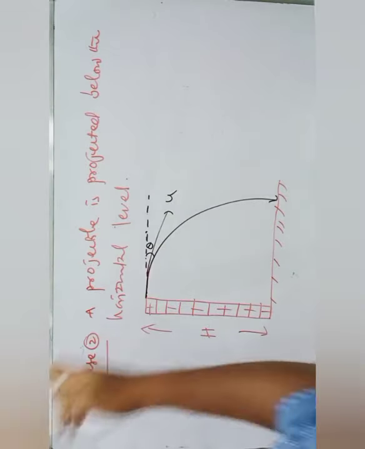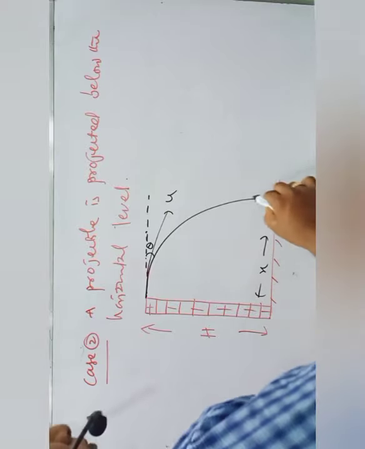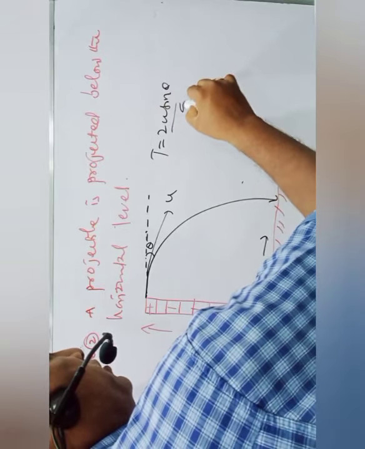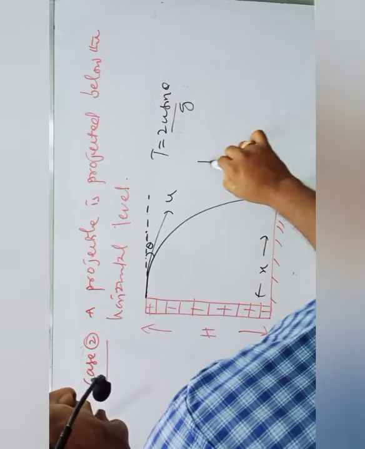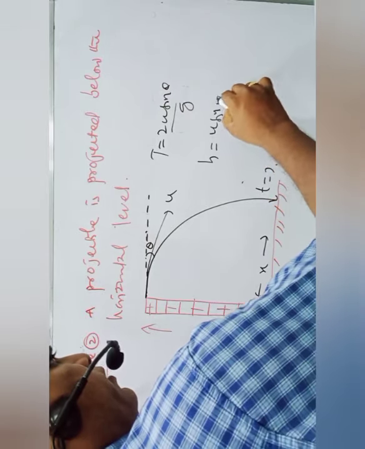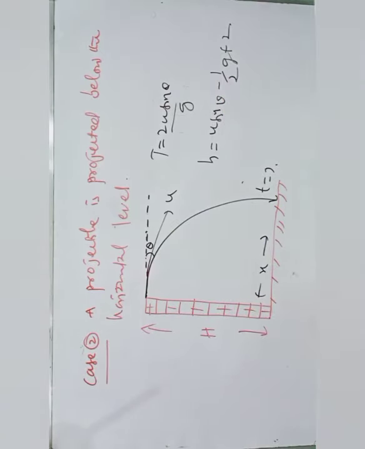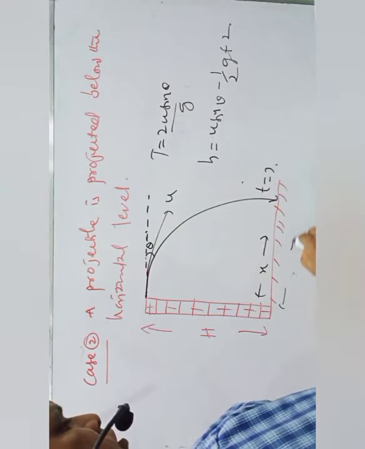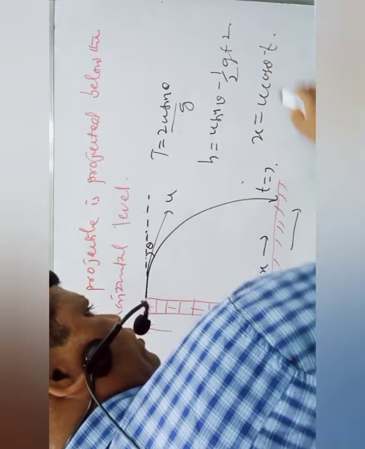This is the angle theta below the horizontal. We have to calculate the time of flight. T is equal to 2u sin theta by g, and for the time taken by the body to reach the ground, h is equal to u sin theta t plus half gt square. And next, the distance from the point of projection to the reached point, x is equal to u cos theta into t.